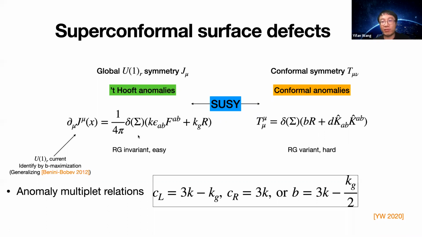And this supersymmetry relation gave a nonperturbative relation between the easy to compute RG invariant quantity, the 't Hooft anomalies, and the difficult to compute RG variant quantity, the conformal anomaly, at the fixed point, through what's known as the anomaly multiplet relation, which I derived. Okay, so this provides a very efficient way to extract the conformal anomalies of superconformal defects using the 't Hooft anomalies.